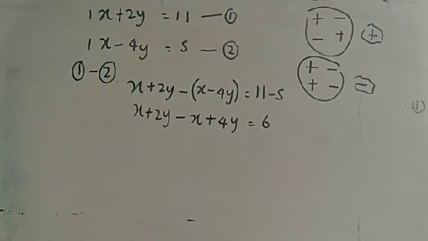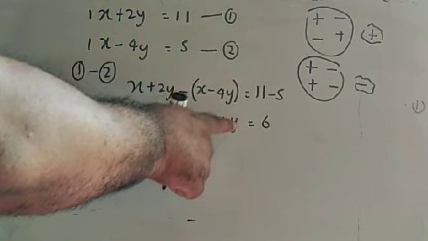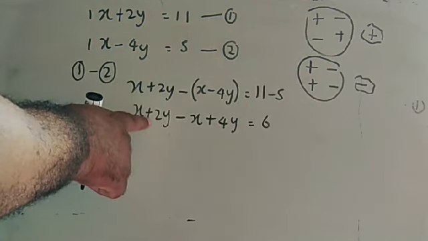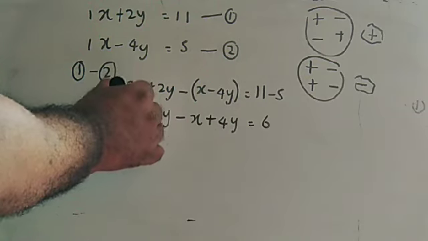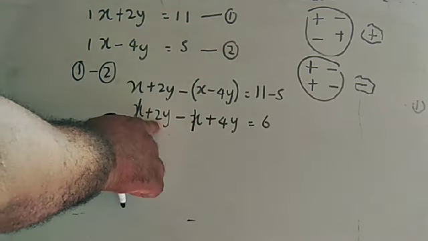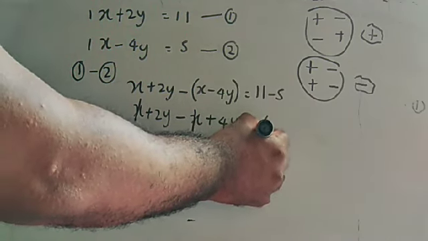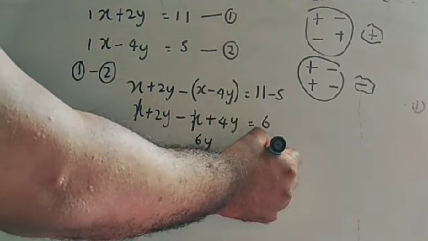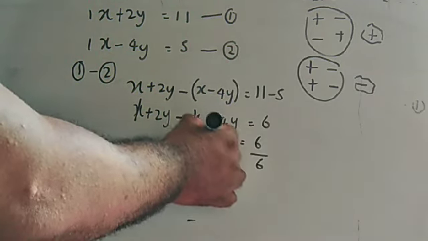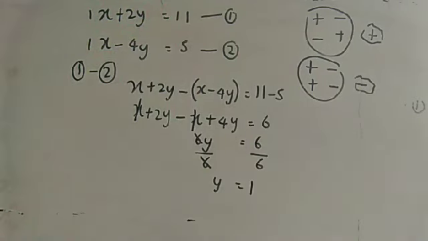When subtracting, here plus x and minus x cancel, then 2y plus 4y, 6y is equal to 6. Now both sides divide by 6, 6 and 6 cancel, y is equal to 6 divided by 6, 1. The value of y is 1.